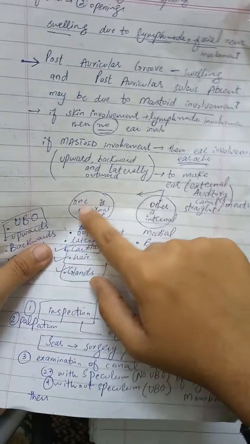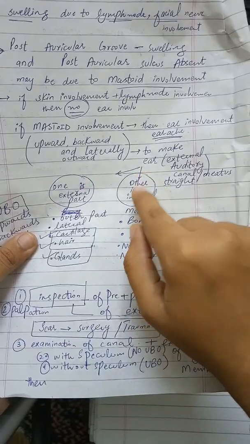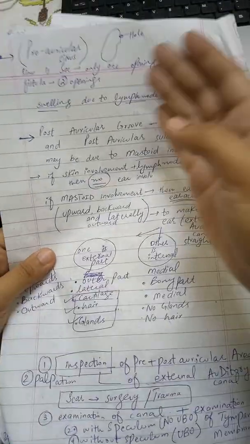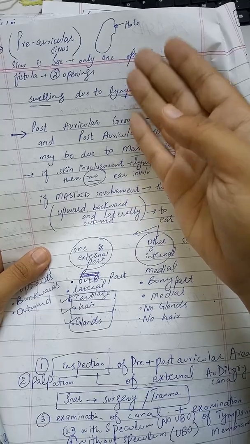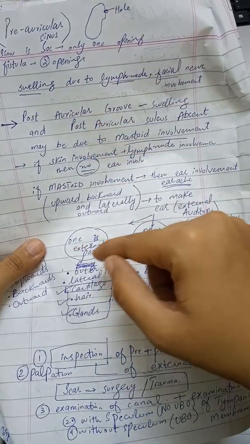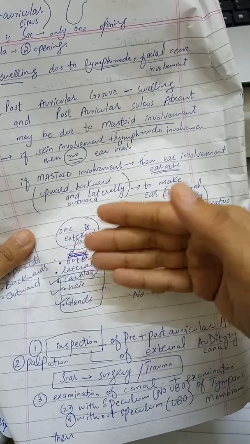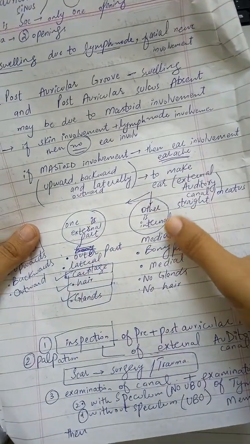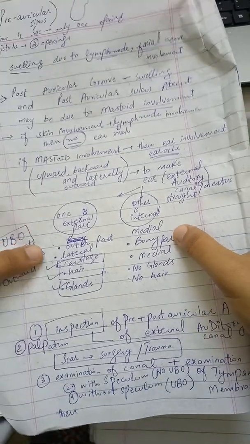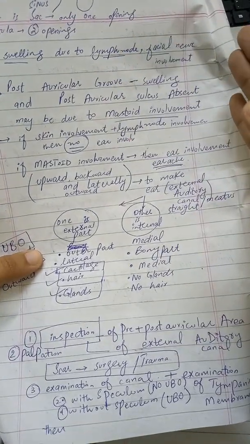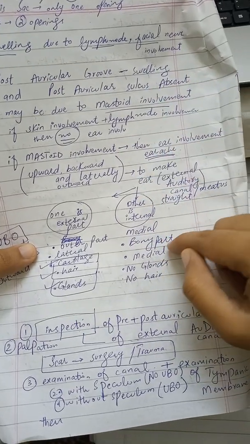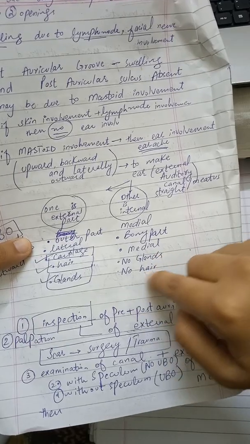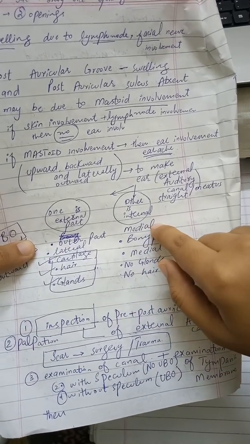The external part is 1/3 and the inner part is 2/3, and the external part of the external ear is the cartilaginous part, and it is lateral and consists of glands and hair, while the internal part is the bony part, and it is medial part, and no glands and no hairs are present in the internal part.